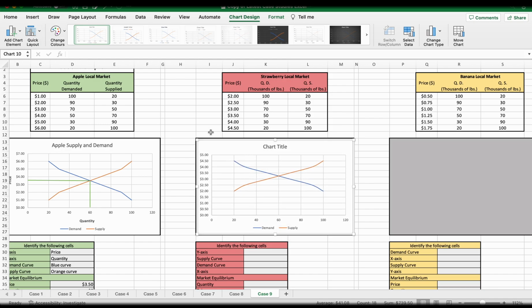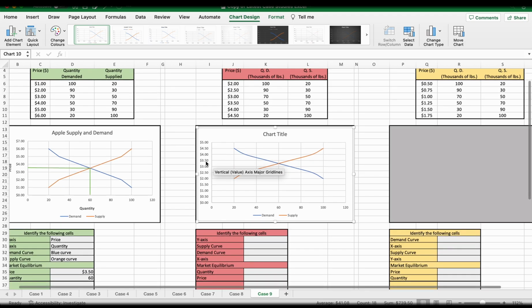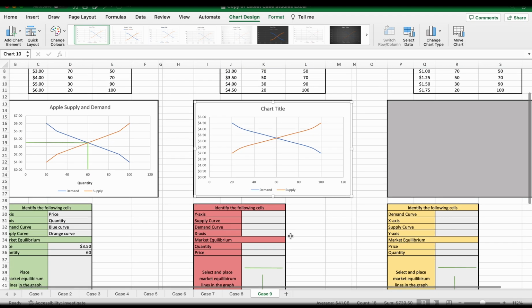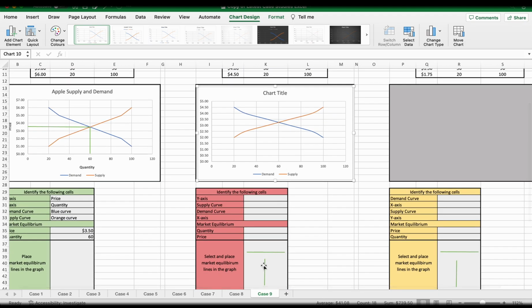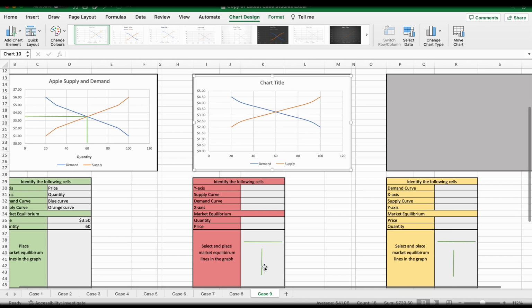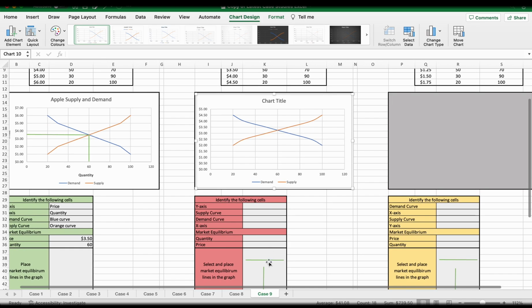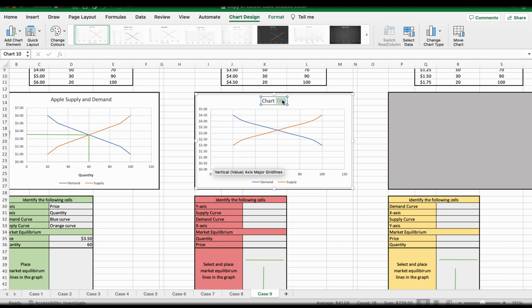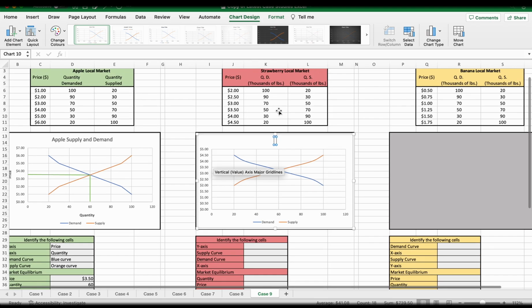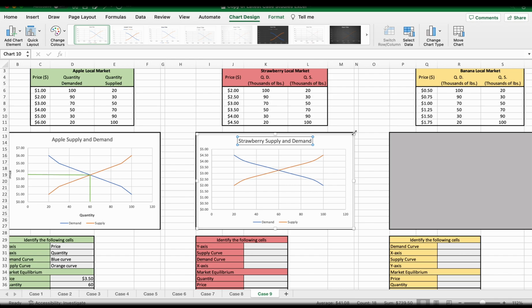It's getting in shape. Now let's add the titles, and of course let's select and drag the bottom lines from here. What I'm going to do first is click here on the chart title, double click, and title this strawberry supply and demand.